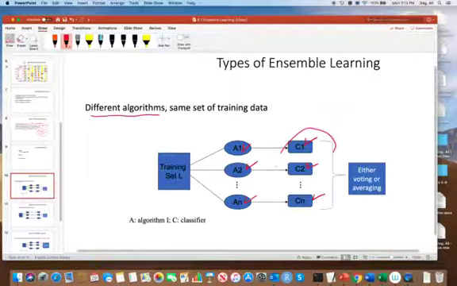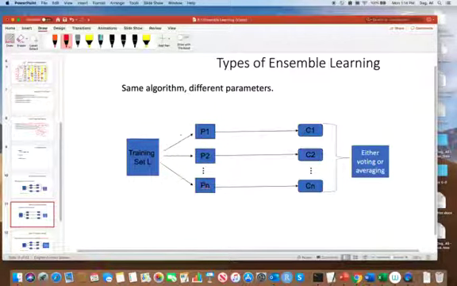And therefore, at the end of the day, we ensemble based on either voting or averaging. That's it. And the second thing is that we have different parameters: parameter 1, parameter 2, parameter 3, parameter N, right? And then again, we have different answers, even with the same training data. Again, we do our ensembling with either voting or averaging.